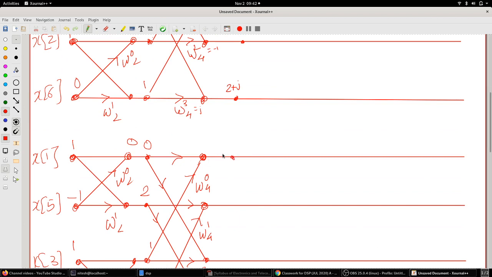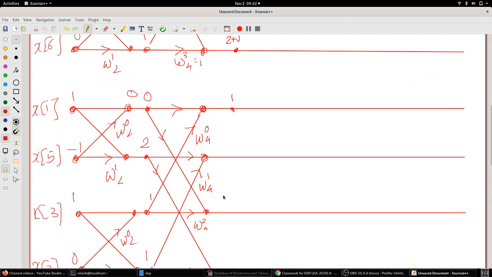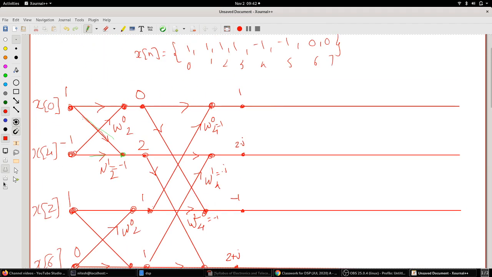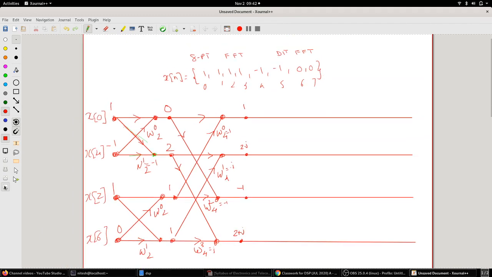These values will be 0 plus 1, this is 1, 2 minus j, so this is 2 minus j, this guy here is 0 minus 1, so this is minus 1, and this guy here is 2 plus j. This is what you get.